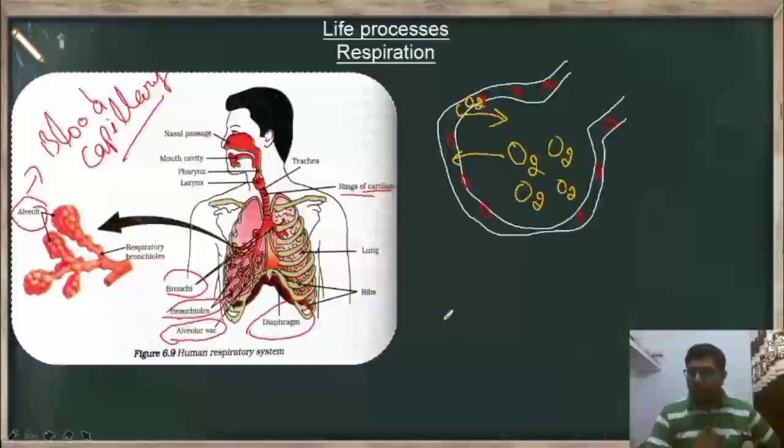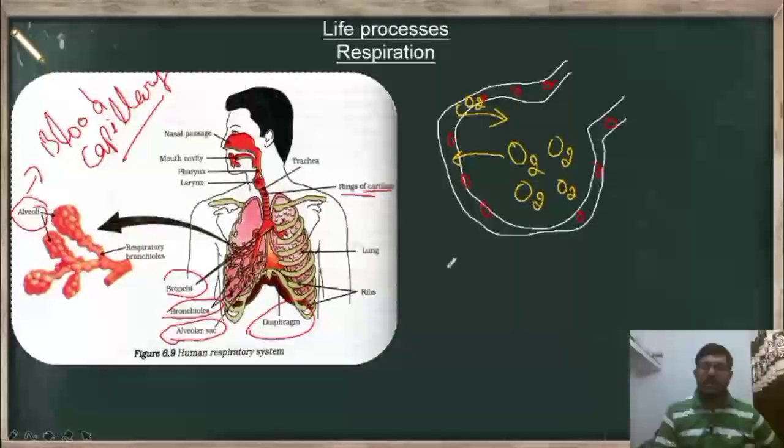Now, not only oxygen enters into the alveoli, because we know that air is a mixture of many gases. It contains hydrogen, nitrogen, some amount of inert gases. Clear? But how does our body absorb only oxygen? Is there any other system?